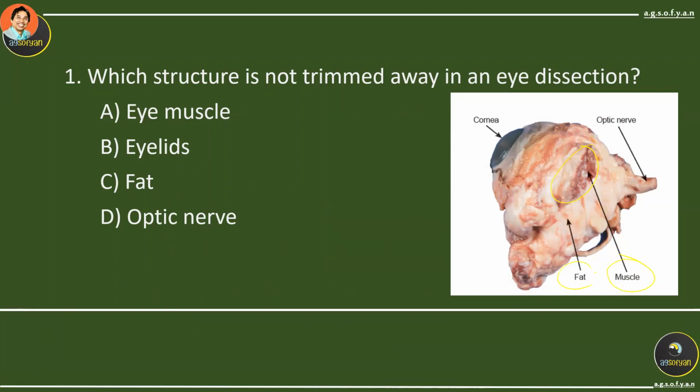The fat tissue should also be trimmed. And if there are still eyelids over here, then this eyelid has to be removed also. The only one that has to stay is this part over here, which is the optic nerve. The optic nerve should stay in the eye when you perform the eye dissection. So the answer will be the optic nerve.